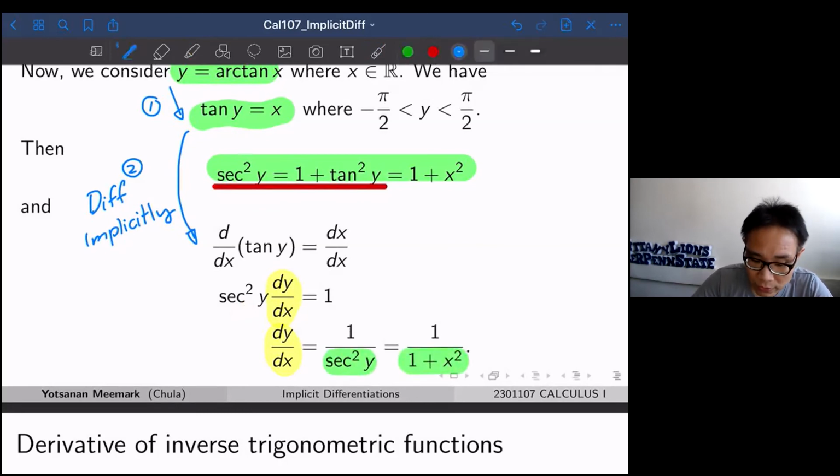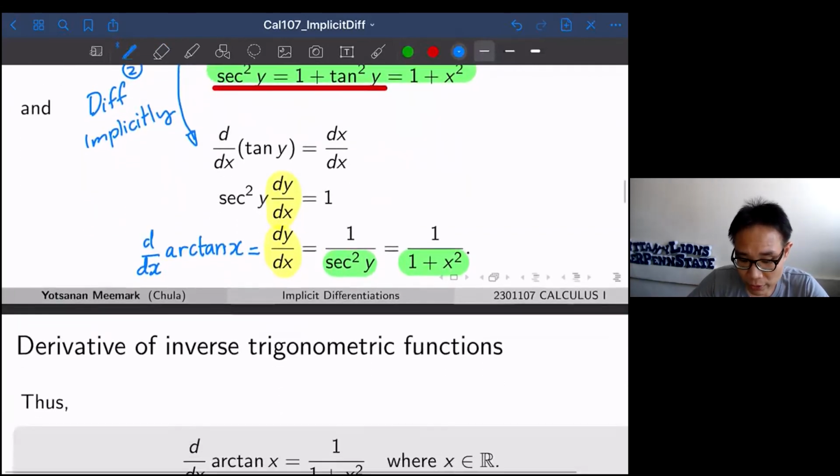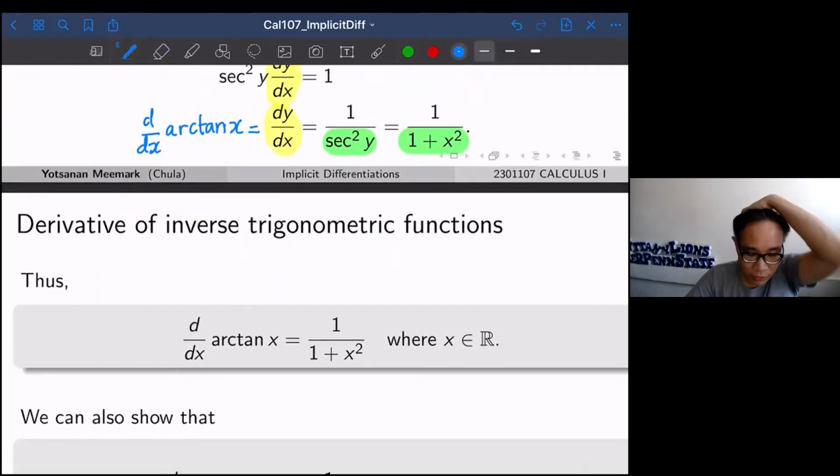So this is another important formula: the derivative of arctan x turns out to be 1 over 1 plus x squared.